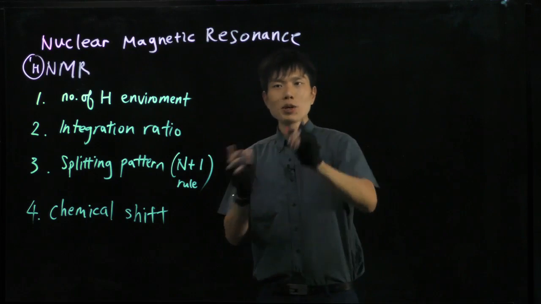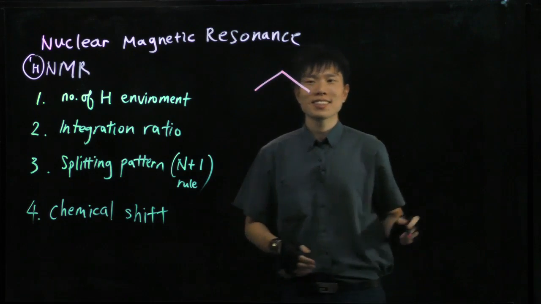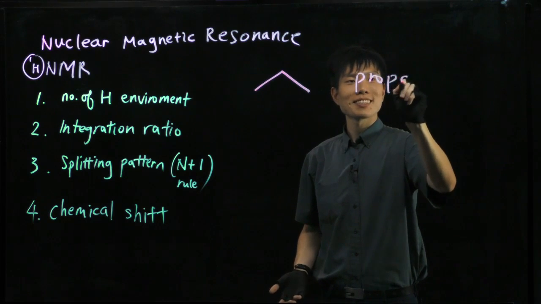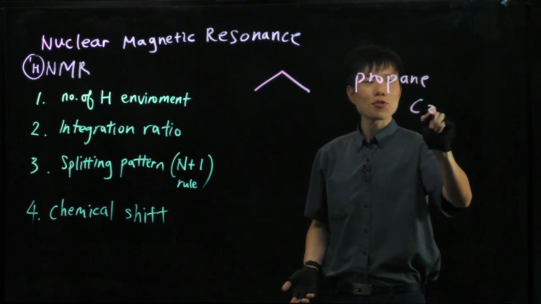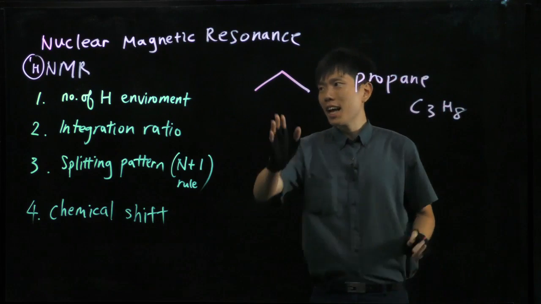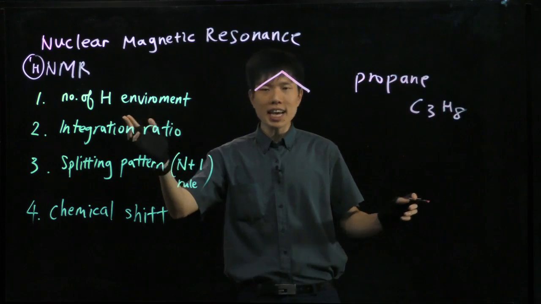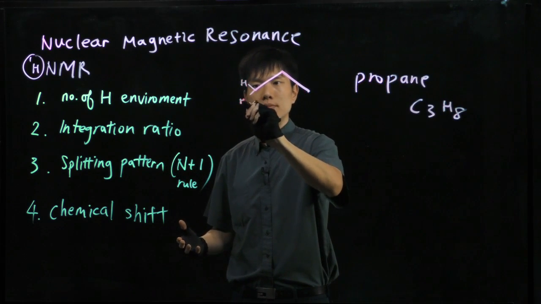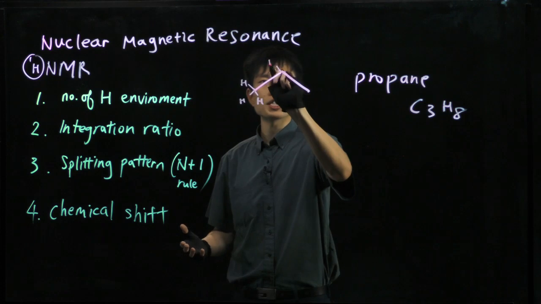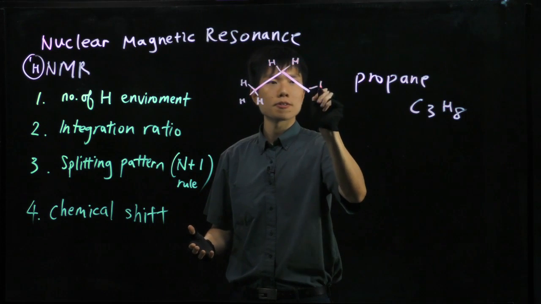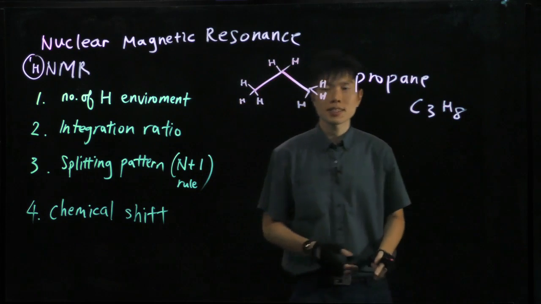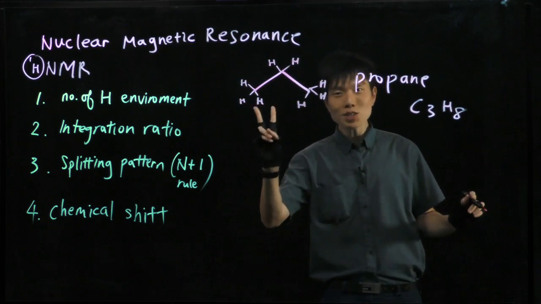Now let's look at this molecule here. You know this well, this is your propane, right? C3H8. How many hydrogen environments are there? For a start, I will draw it for you, all the hydrogens in this molecule. I see two kinds of hydrogen.